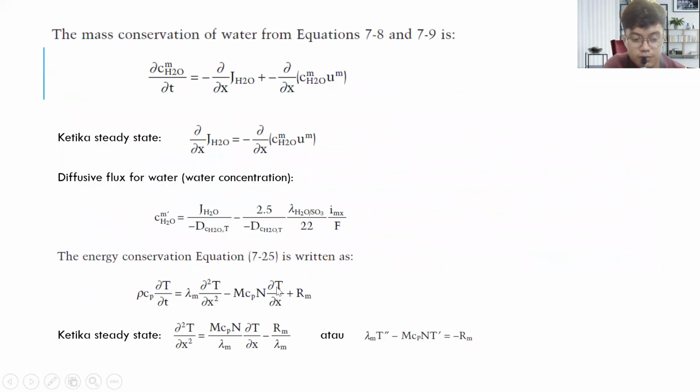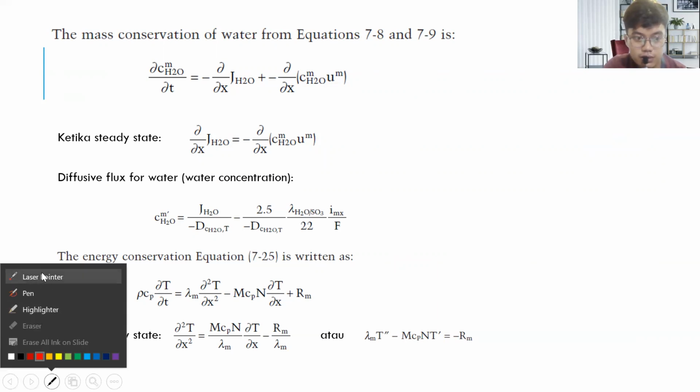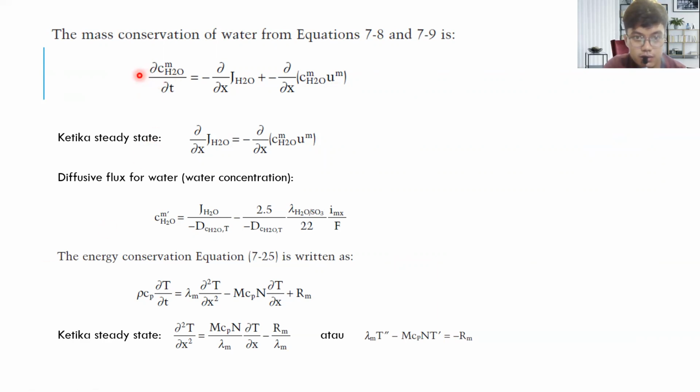The first one is the mass conservation of water from equations 7.8 and 7.9. Okay, we know in this chapter that this is the mass conservation of water, delta C of water, C is the concentration of water.